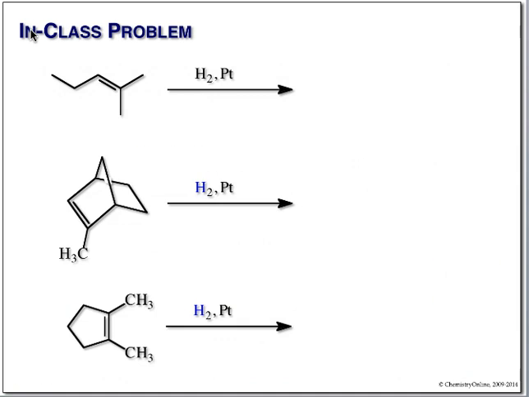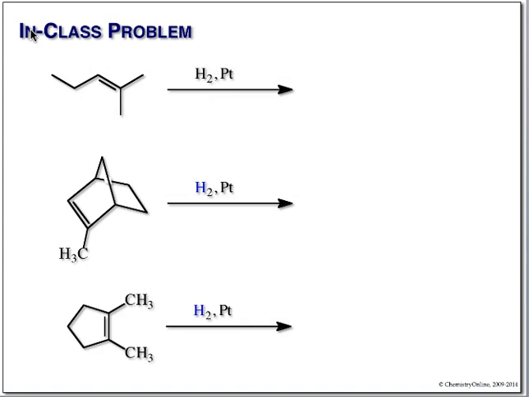And let's do it. If this was an exam sheet, you would look at this and say, okay, hydrogen gas and platinum. I know that. I'm going to convert my double bond into a single bond. I'm going to put hydrogen on each carbon, and they're going to be on the same side.